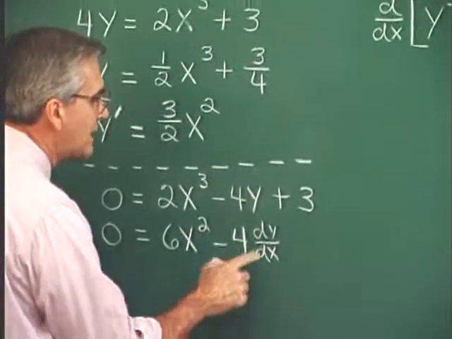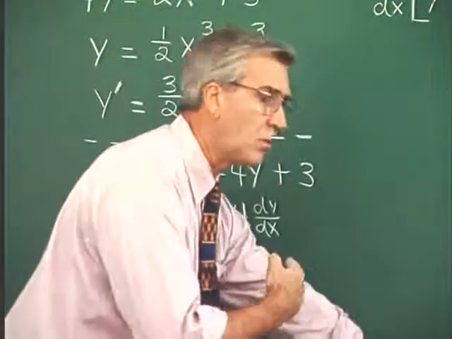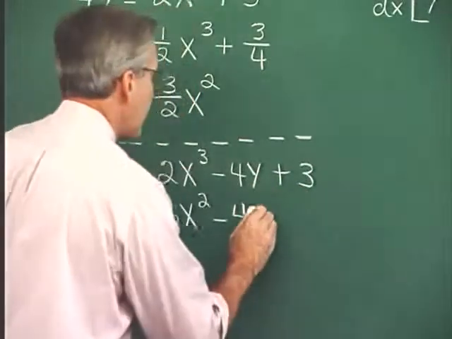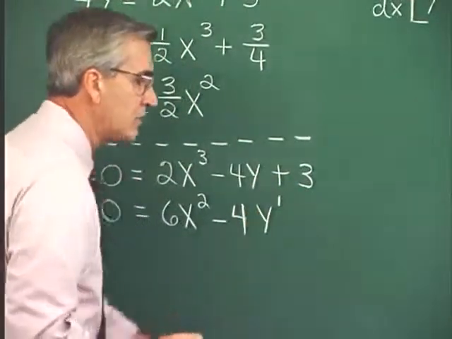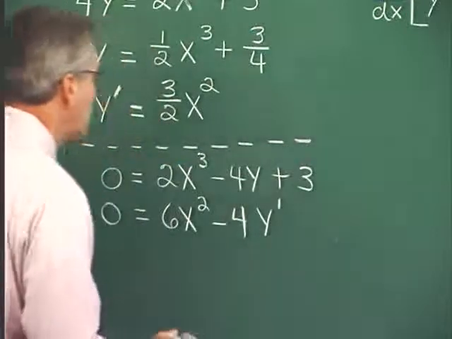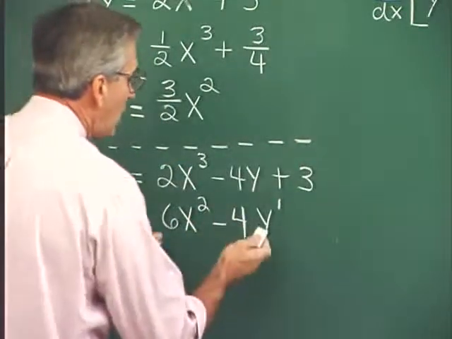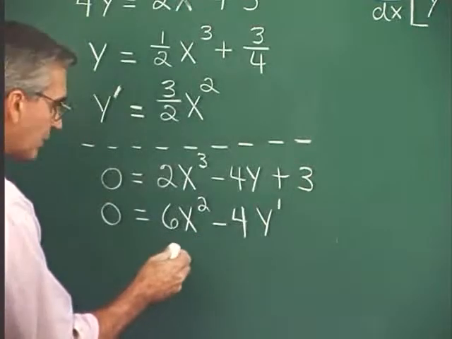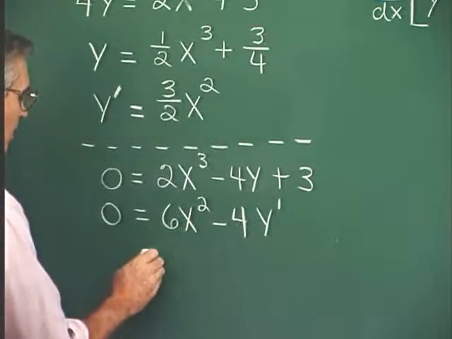Now, for dy over dx, there are a couple of notations. This is one notation. The other notation is just to put it in as a y prime. And the y prime is a little easier to manipulate at times. So I'll use the y prime here. Now, if we're going to solve this for y prime, and we want to do that, we'll add 4y prime on both sides.